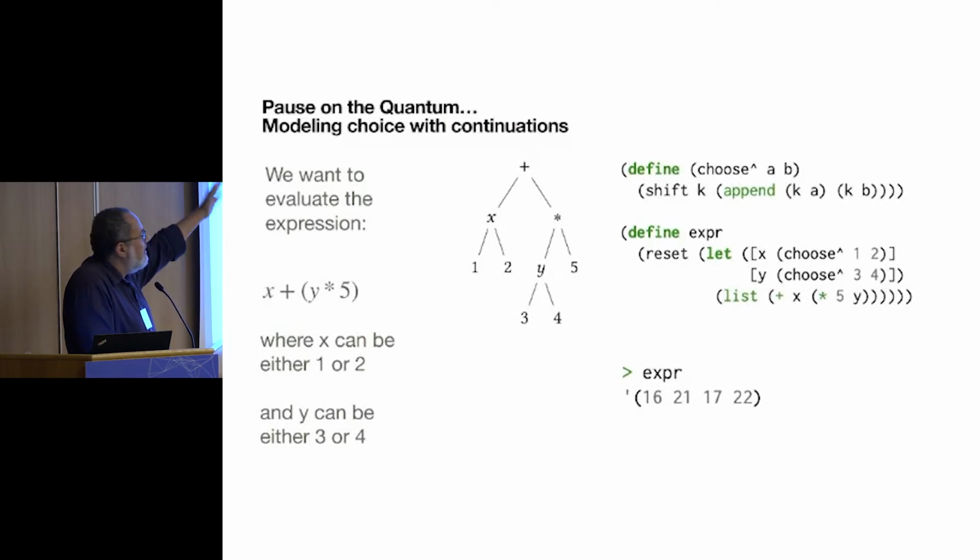There is a plus, an x, a y and a 5. This is the abstract syntax tree. But then the x can be 1 or 2, and the y could be 3 or 4. You can imagine building that tree to represent what the value is.